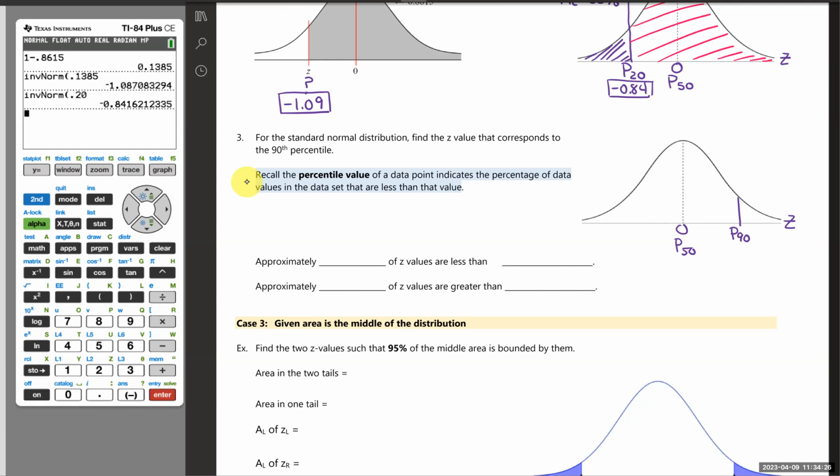And I'm going to shade the definition. So the definition of percentile, it's the percentage of data to the left of that value. So whatever that percentile value is, we know that 90% of z-scores need to be to the left of it. So that picture is the definition of the 90th percentile.